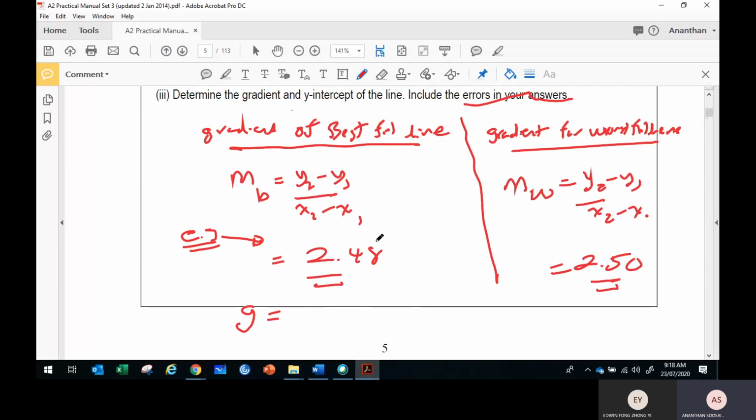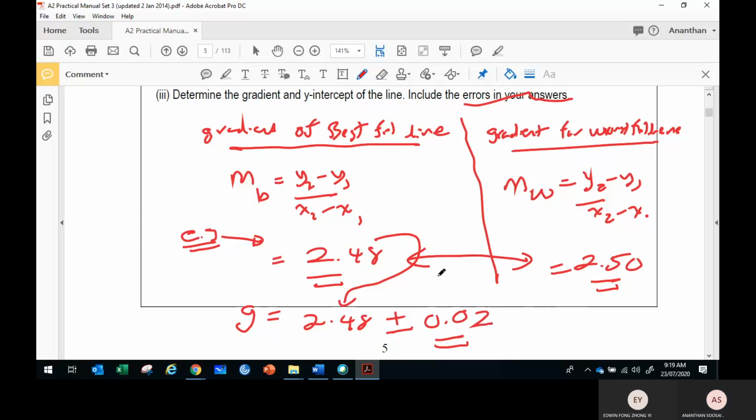The gradient answer will be the best fit line answer, 2.48 plus minus the uncertainty, right? Your uncertainty must be the difference between these two values. So what are the differences here? 0.50 minus 0.48, 0.02. This is your uncertainty. The difference between the best fit line and the worst fit line is your error.